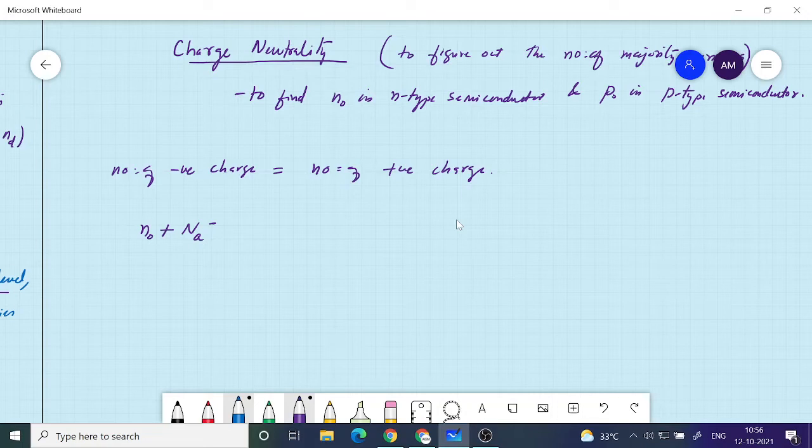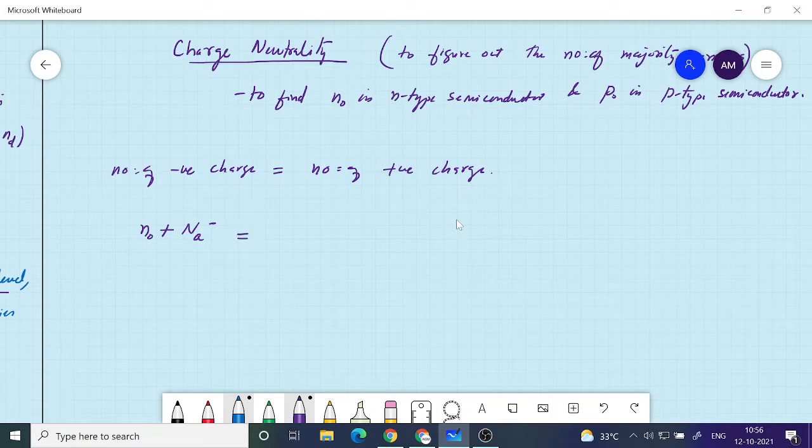So N0, the number of electrons, plus Na, the negative charge due to the acceptor atoms accepting one electron each. We already saw that they will mostly get filled up.